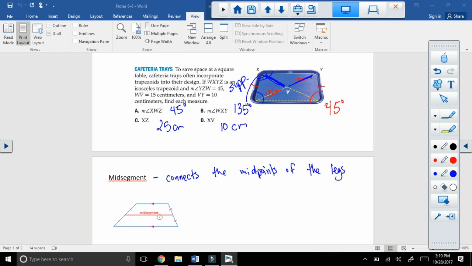So the mid-segment is going to be exactly halfway between the bases. And because of that, there's a couple of special things that happen. Because of that, the mid-segment is actually the average length of the bases.